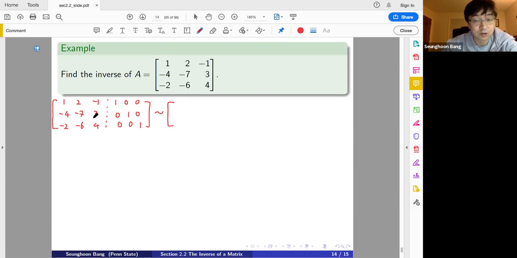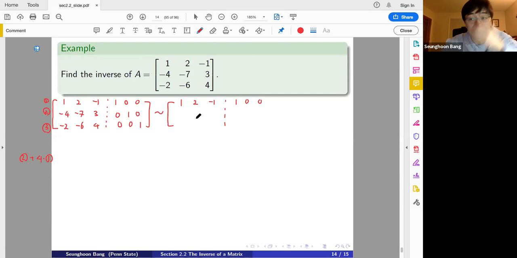You can reduce it by row operations. This is the first row, second row, third row. How can you eliminate the element of -4? The second row plus 4 times the first row. You have to keep the first row 1, 2, minus 1, 1, 0, 0.